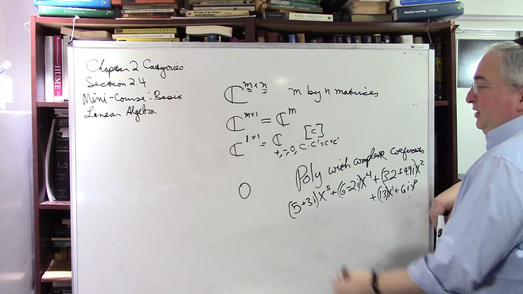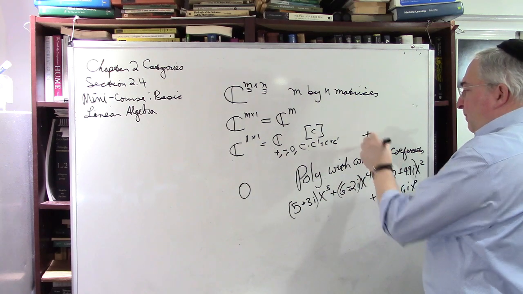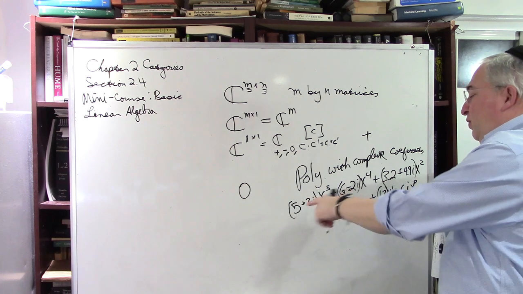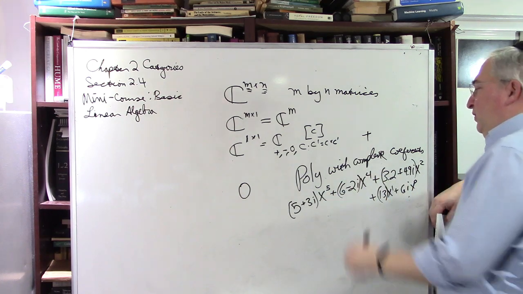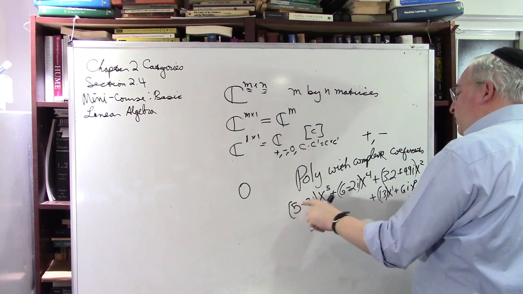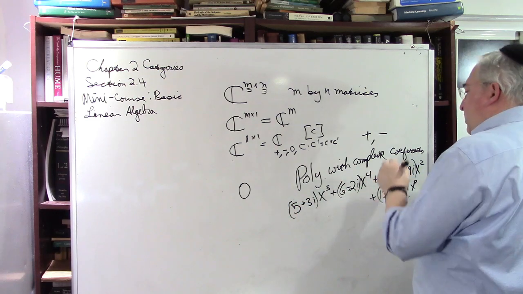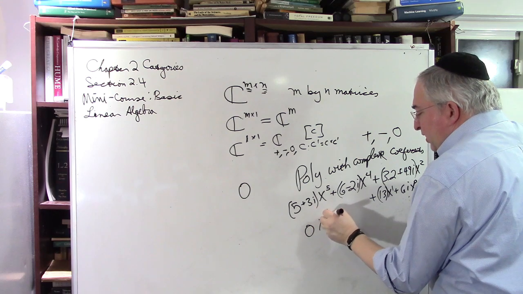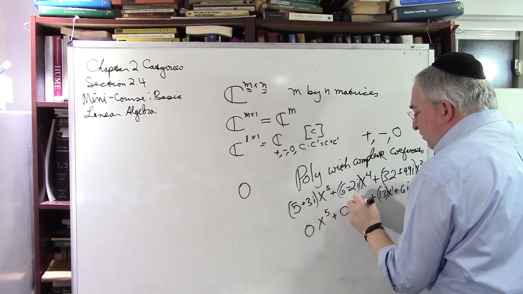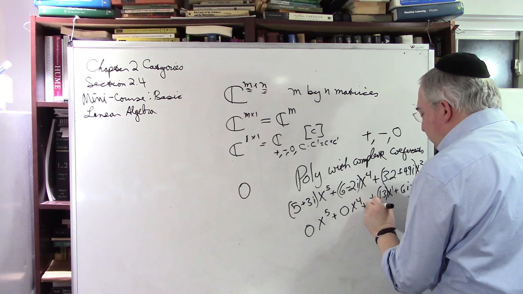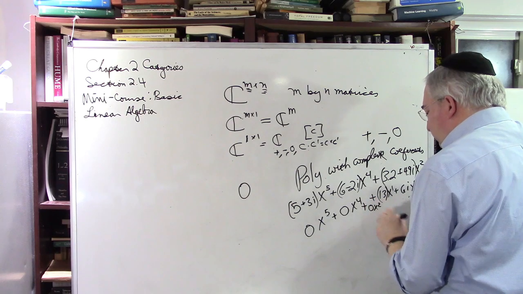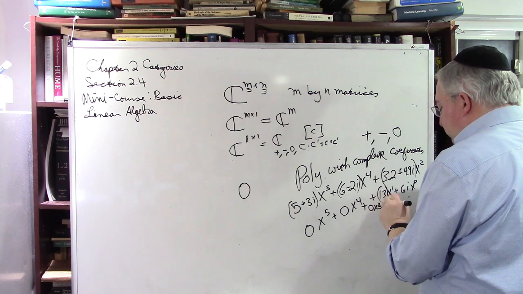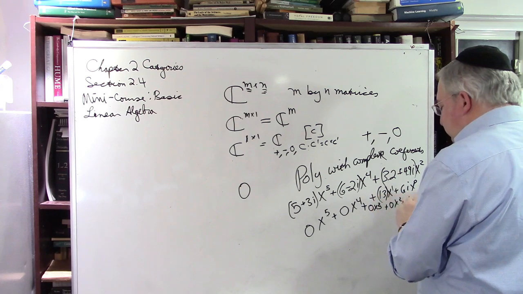Okay, and let's go through the operations. Plus, just add the polynomials, which basically means you're adding the coefficients. Okay, minus just means put a minus in front of each of the coefficients. The 0 polynomial is the stupidest polynomial in the world. x to the 5th plus 0 x to the 4th plus 0 x squared, plus whatever.